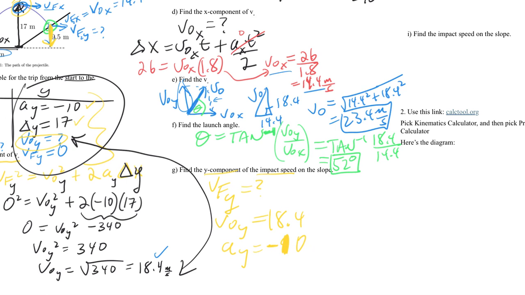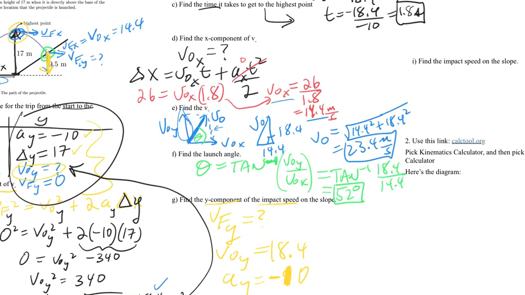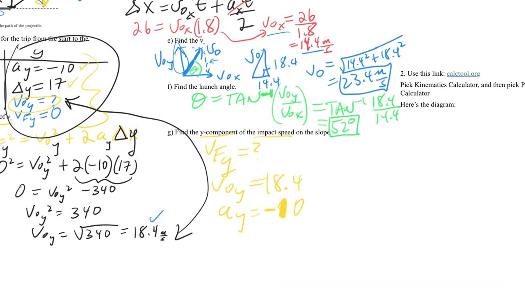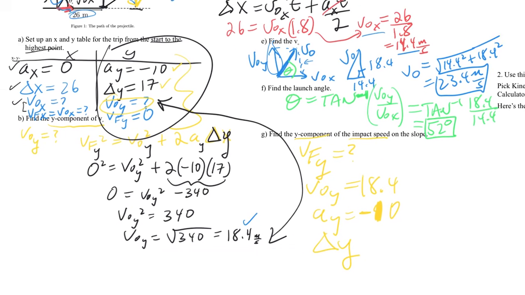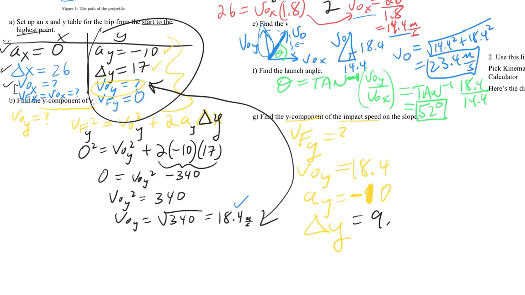I don't have the total time to get to the highest point, so I can't use the time. But don't I have delta Y from the start to the finish? That would be the 9.5 that you see right there, which I kind of wrote over, which I shouldn't have. It's positive because from here to there is 9.5. So delta Y is positive 9.5.